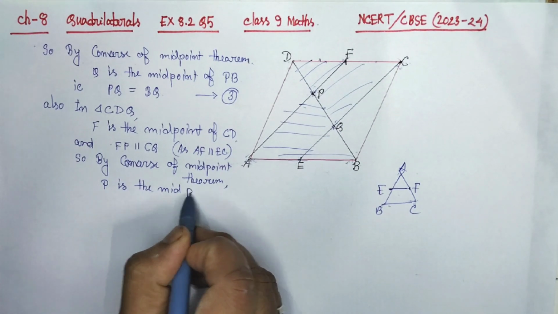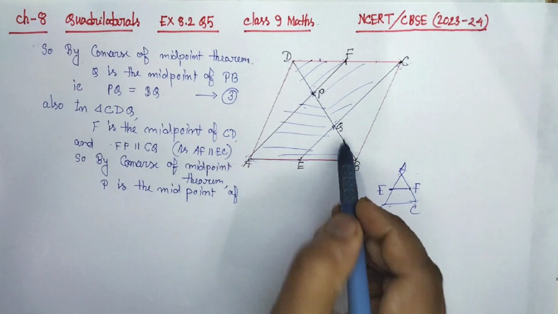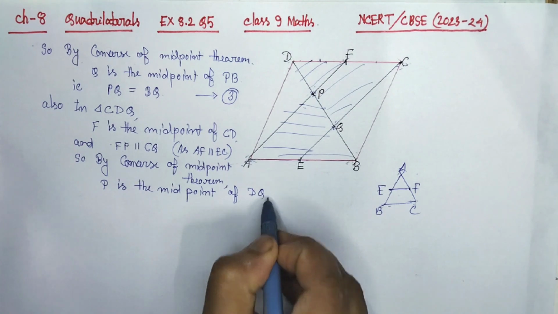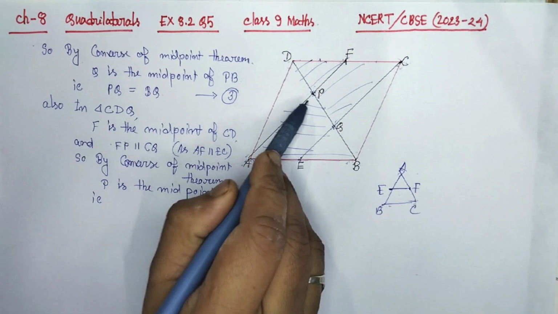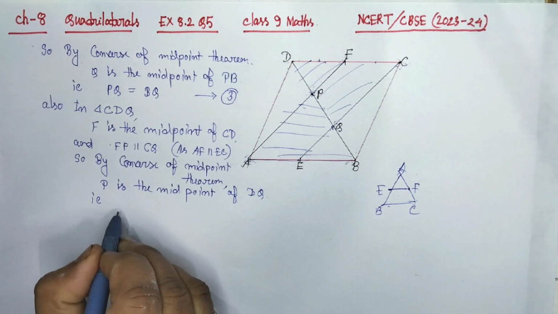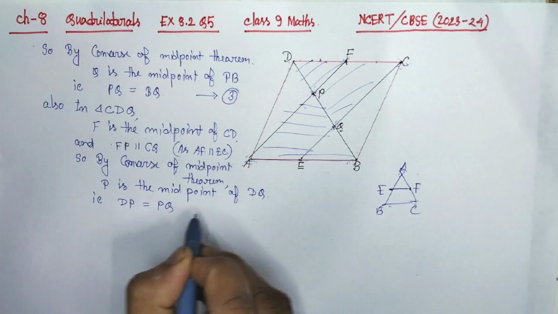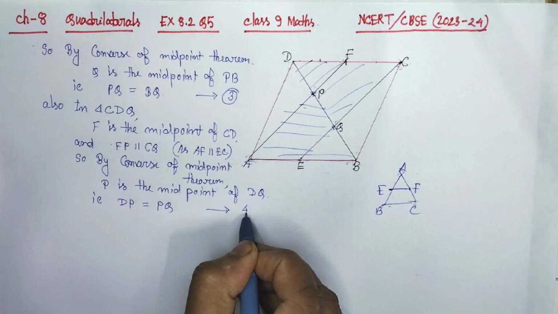P is the midpoint of DQ means DP equals PQ. So this is equation number 4.